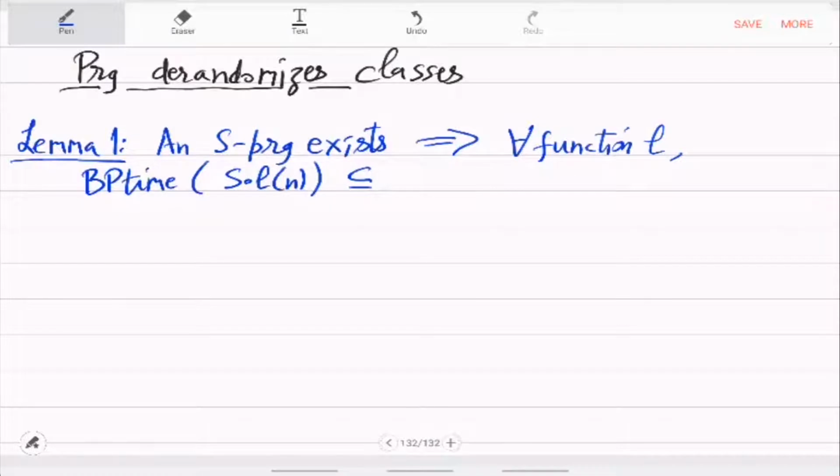So brute force would have been 2 raised to S(L(n)), because you have to essentially go over the whole space of random strings, but this PRG will make it much smaller. It will make it 2 raised to L(n).